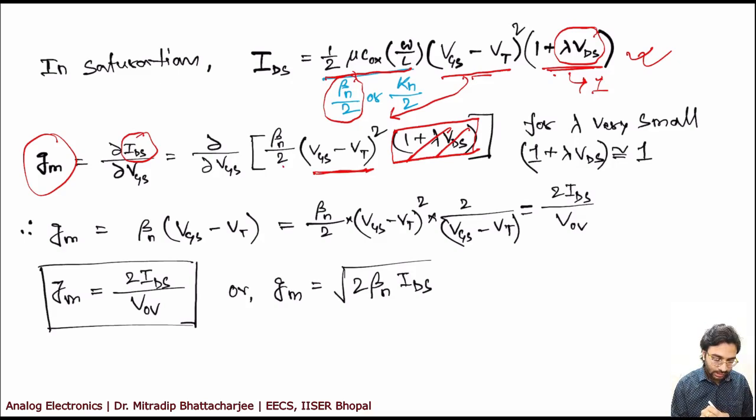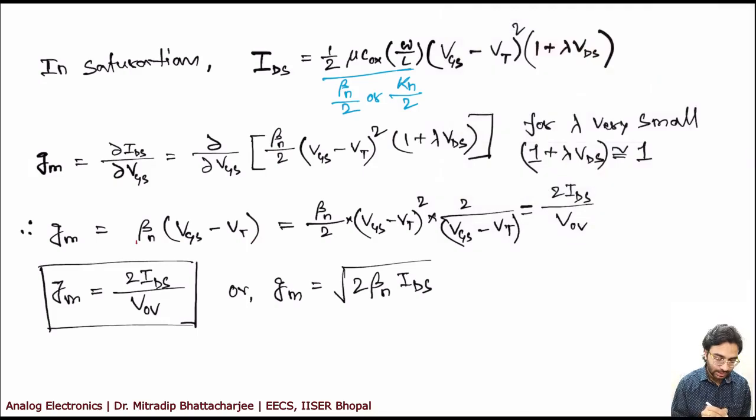Now if you take the derivative, beta is constant, so beta n by 2 will come out. This is like x square, so d/dx of x square is 2x. So 2 will come and you will have this term left. This 2 and 2 will get cancelled. Ultimately, what you will get is beta n into (VGS minus VT). So your gm is a function of VOV.